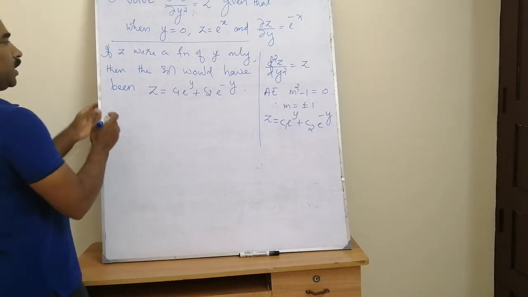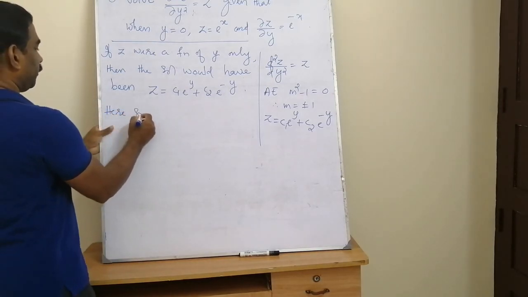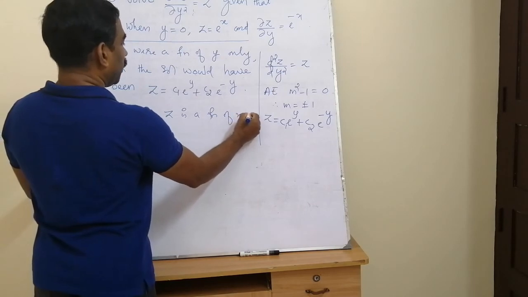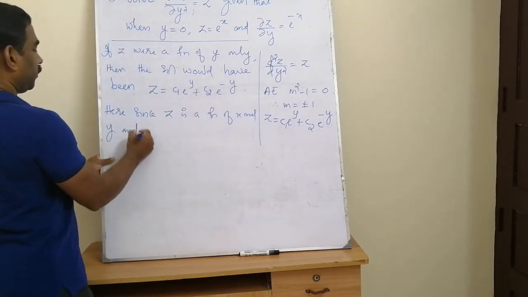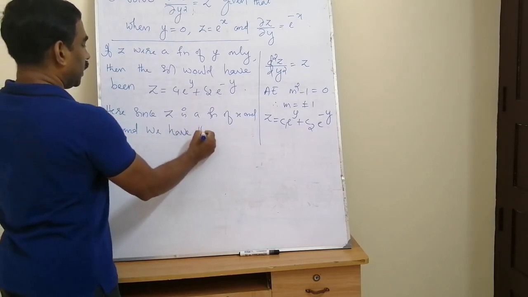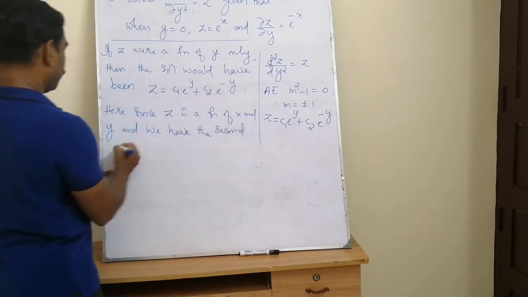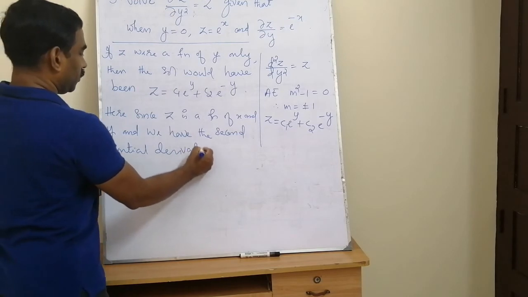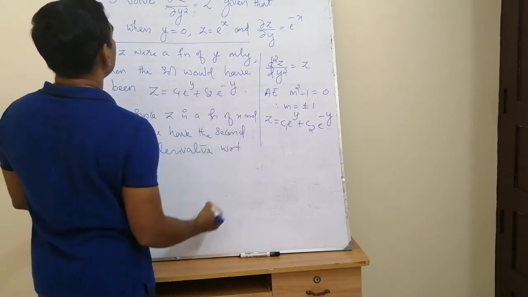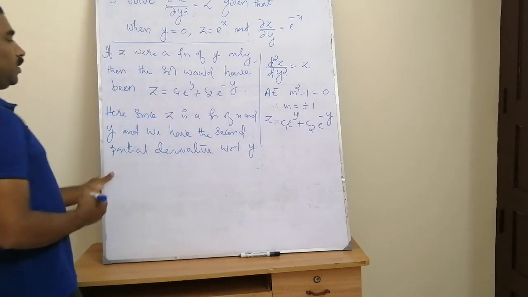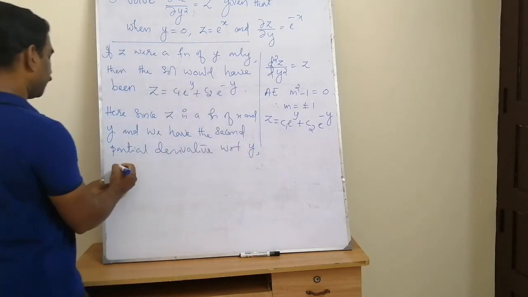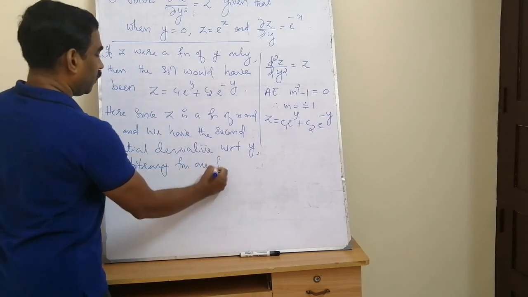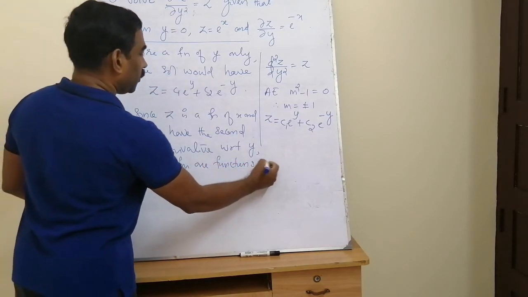Now changing to the original concept, here since z is a function of x and y, and we have the second partial derivative with respect to y in the differential equation, the arbitrary functions are functions of x only.